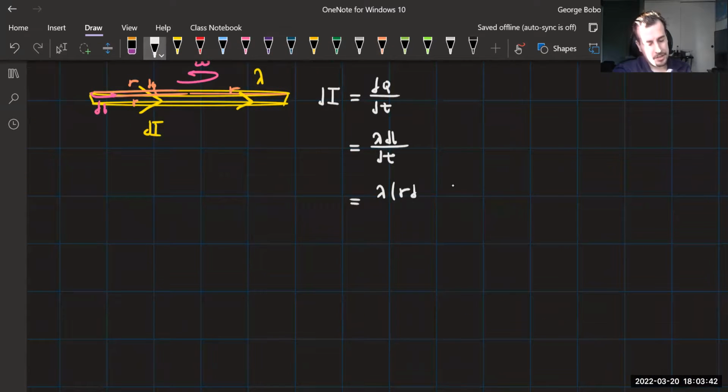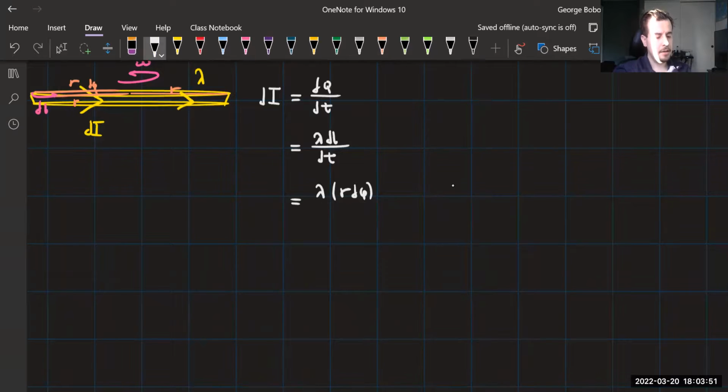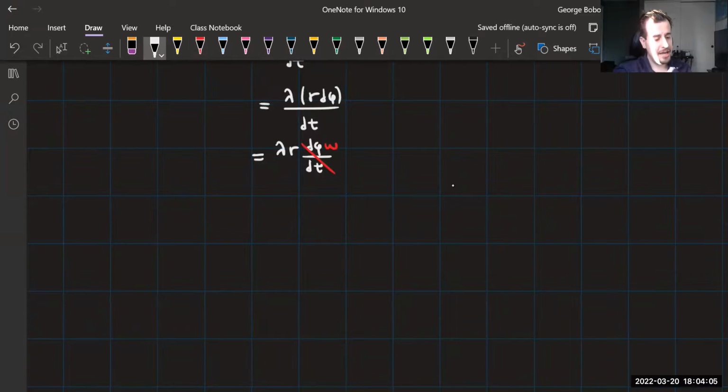So I have r d phi here yet again. Lambda is an unknown for now, but we'll get to that in a second. And then I have dt on the bottom. Then I can do this like I did for the ring earlier, and you can see now that this is just omega. So your answer here is lambda r omega, which is going to be your little current from the ring.